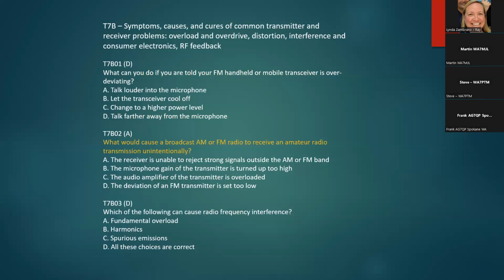B2, what would cause a broadcast AM or FM radio to receive an amateur transmission unintentionally?